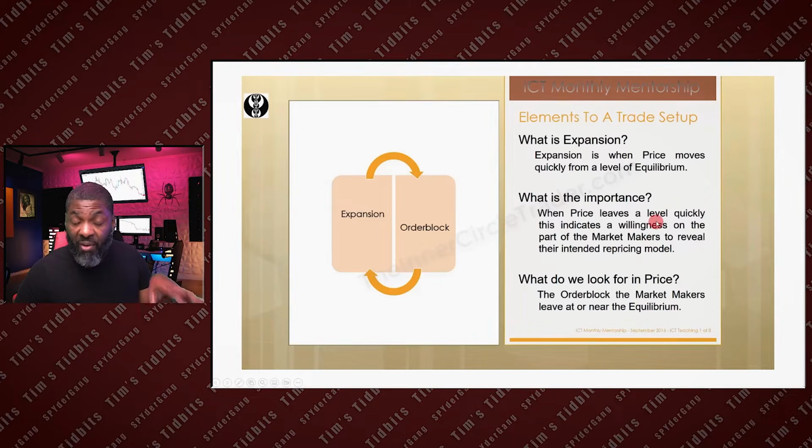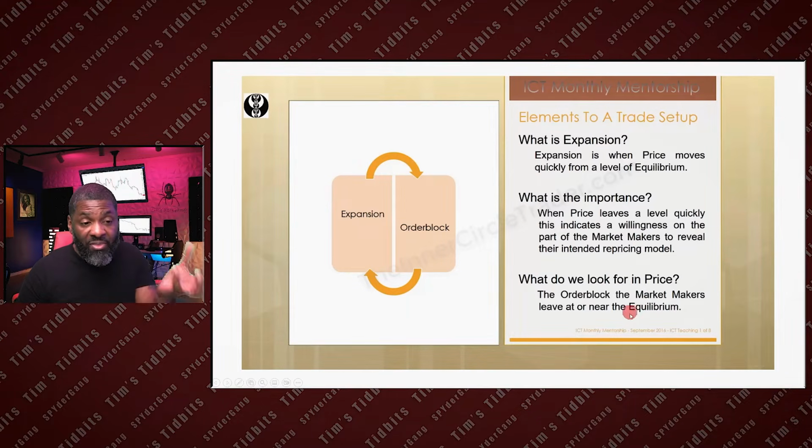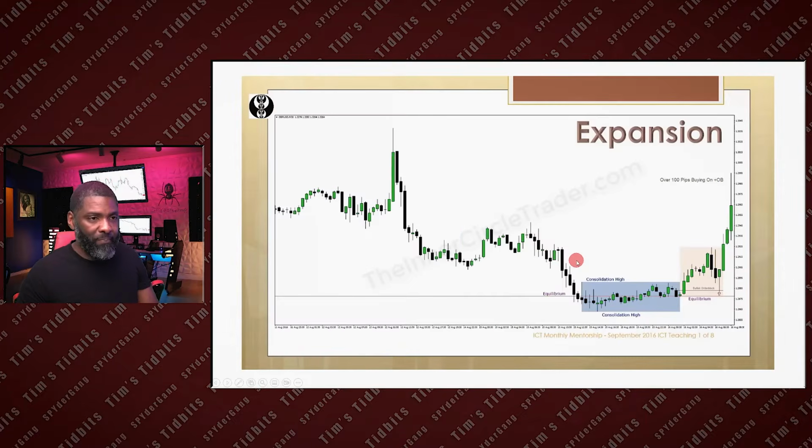So remember, when price leaves equilibrium quickly, the order block that the market maker leaves at or near equilibrium is the key to forming your trade setup for that particular model, right? Tracking? Did I lose anybody? I probably did, but run it back a couple times. You'll get it. You'll get it.